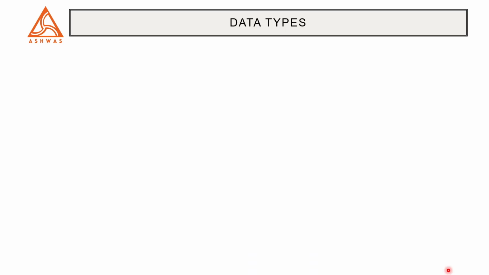We spoke about the identifiers, where we said identifiers are the names that we give to the variables. Then we spoke about the literals and said literals are the values that the variables store in themselves. Data types are the categories of these variables. We saw that Java allows a variety of literals.